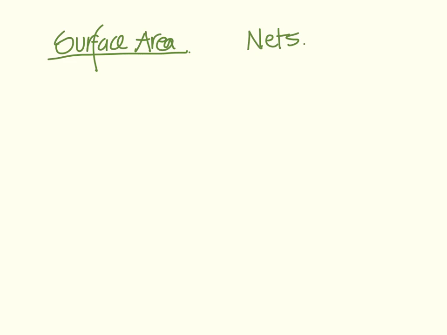The next thing we look at is surface area. And you remember doing the nets. So when you have got a prism of some sort, you can draw a net for it and calculate the surface area by looking at the area of each of those sides. Or you can carefully count them as you go.